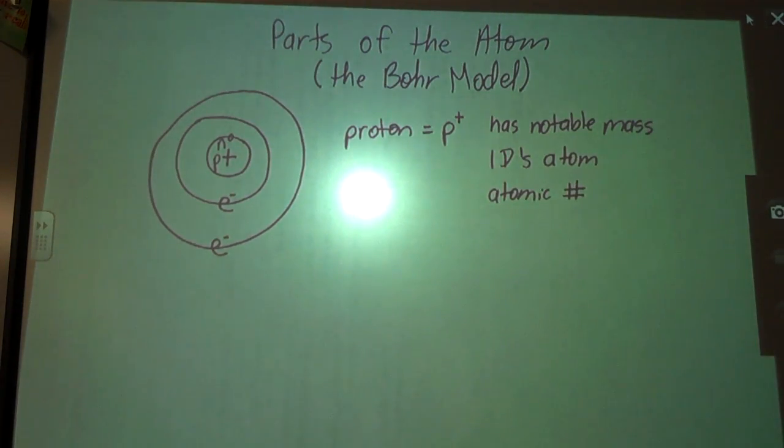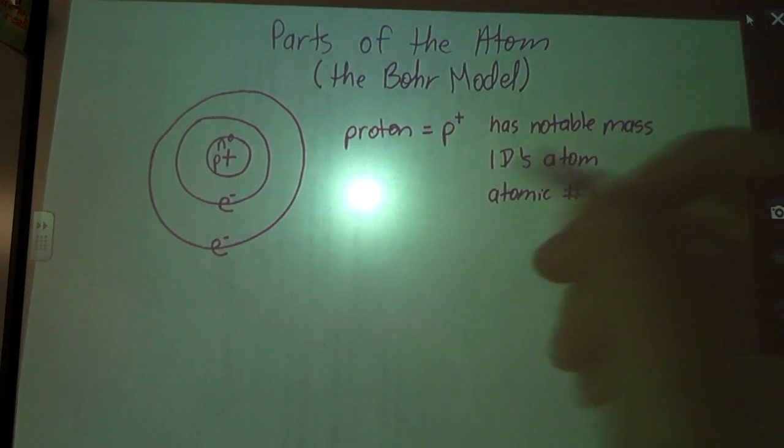So again, if you change the number of protons, you change the identity of the atom. So please make sure that you are keeping that number constant with whatever atom you are talking about. Later on, we'll get into isotopes and radioactive stuff. But if it's the same atom, it's the same number of protons. Please don't mess with that number.